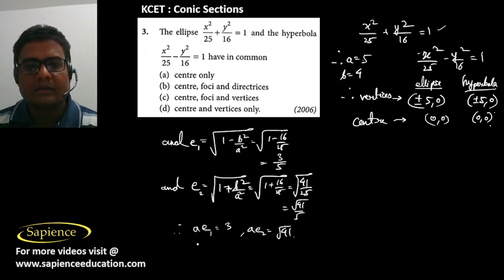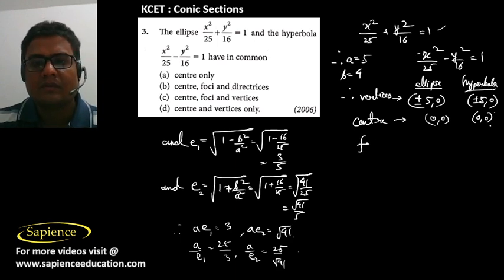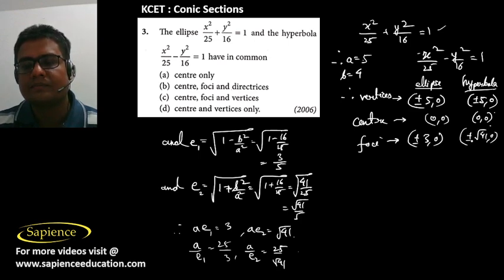Then the directrices, which is a by e1, will be 5 by e1, that is 25 by 3, and a by e2 will be equal to 25 by root 41, so they are not the same. So the foci are plus minus 3 comma 0 for the ellipse, and for the hyperbola it is plus minus root 41 comma 0.